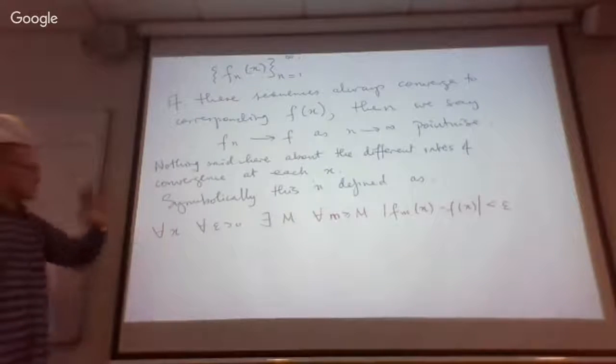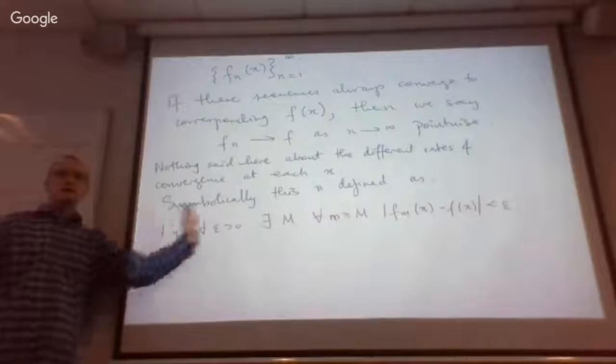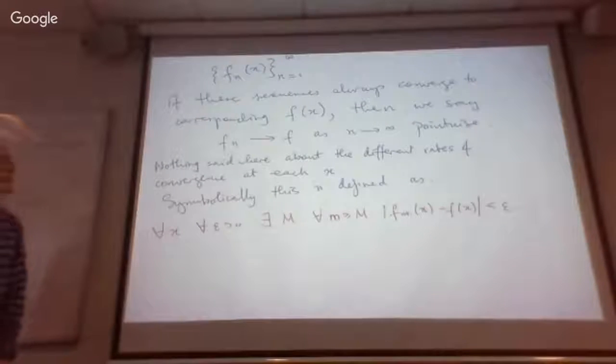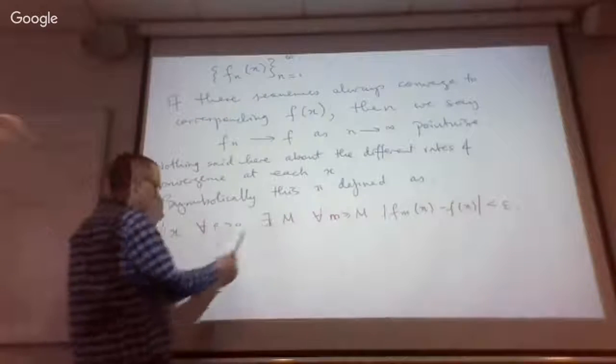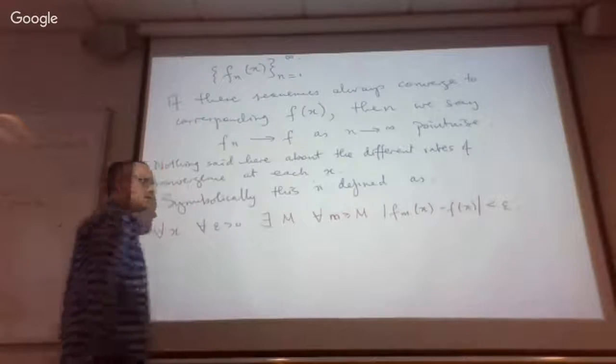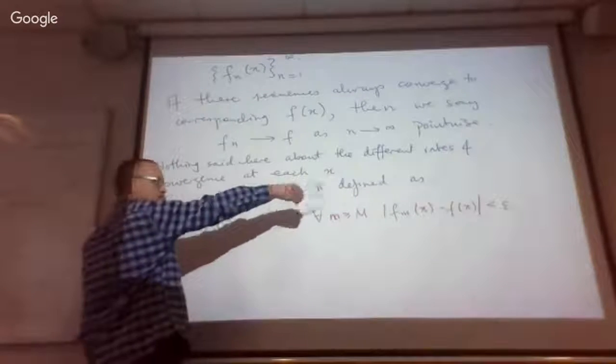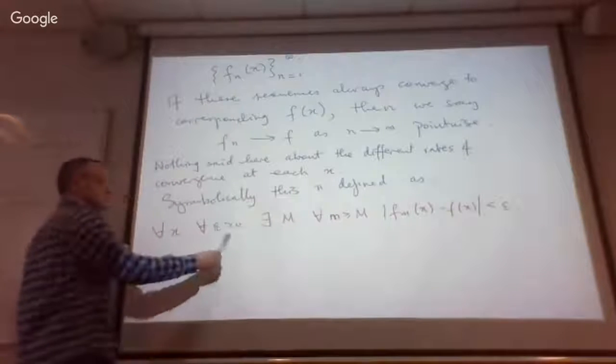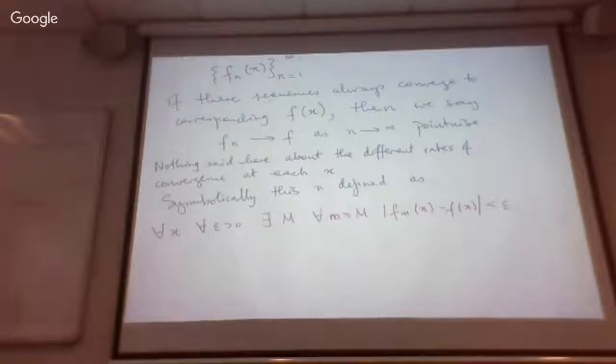And this can be done for any x. For all x, that's true. Okay. But for different values of x, you could have different points M at which this agreement is obtained.